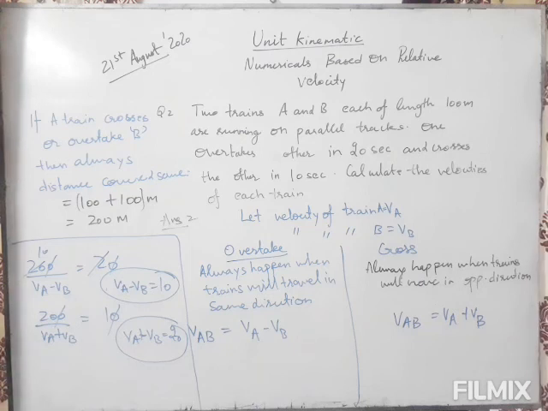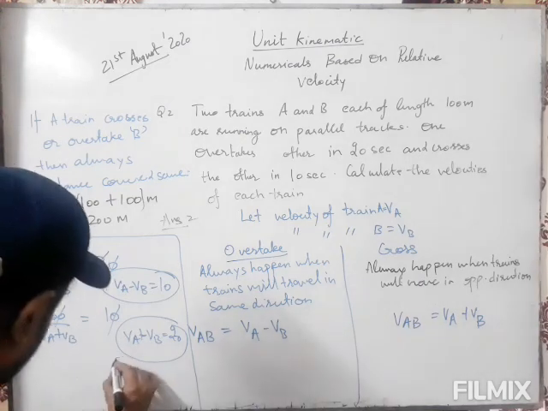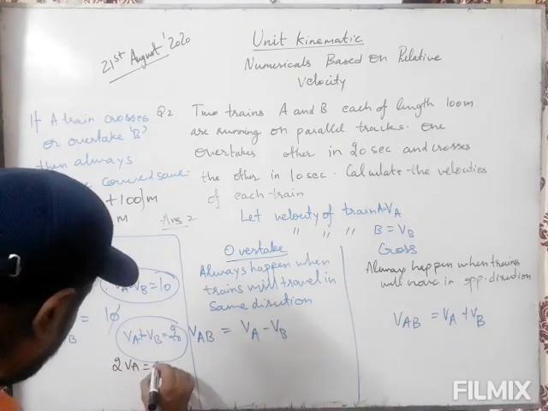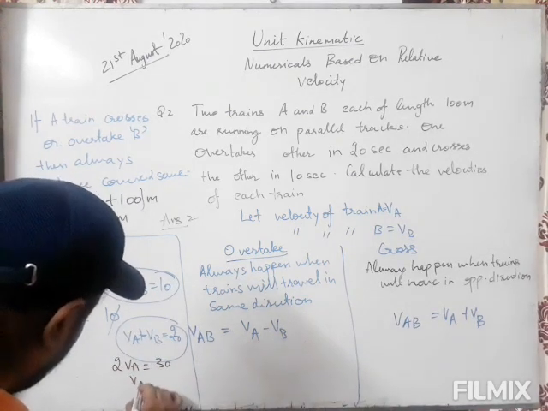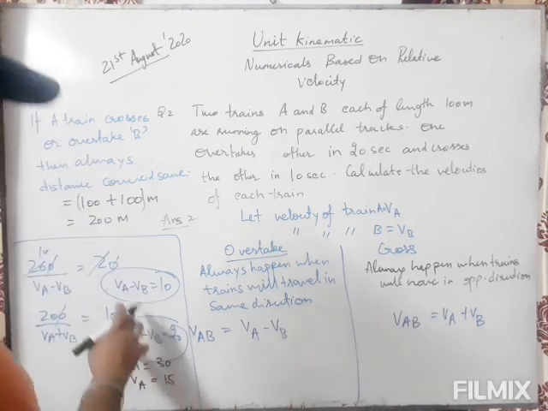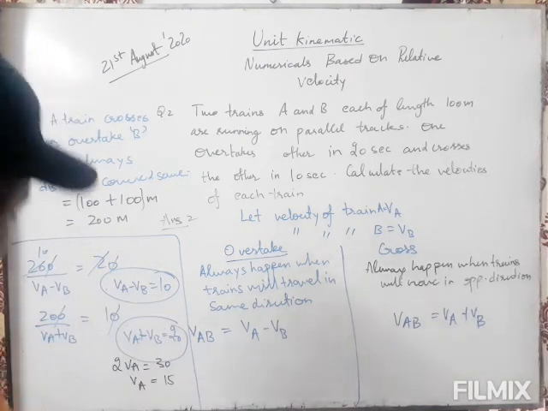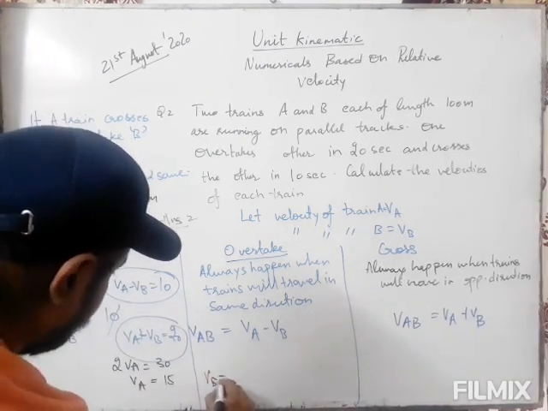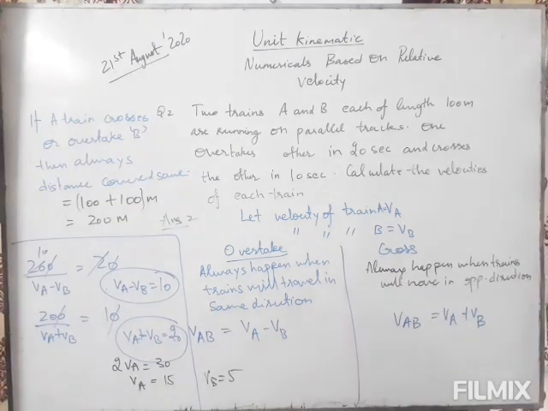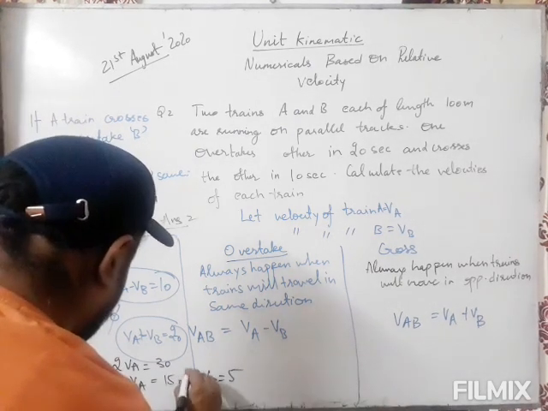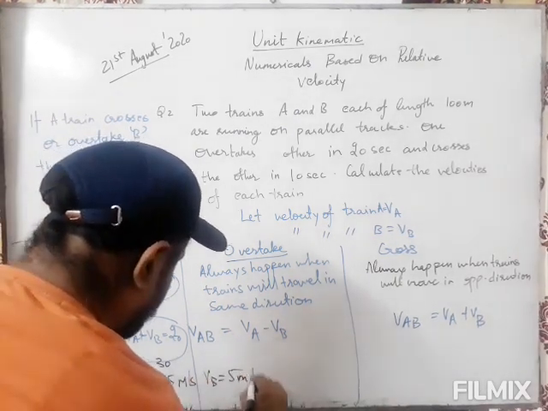When we add these two equations, it becomes 2Va equal to 30, so Va will be equal to 15. And we know that the sum of both is 20, so Vb will be equal to 5. Since we are dealing in SI units, we write the units as meter per second.